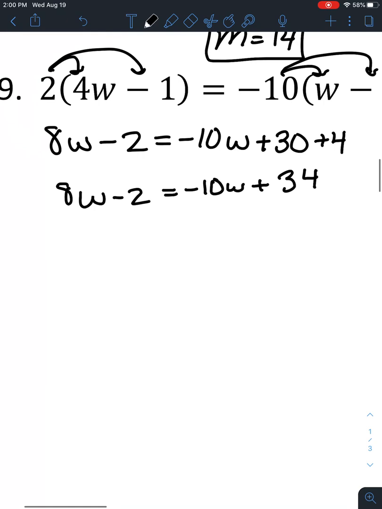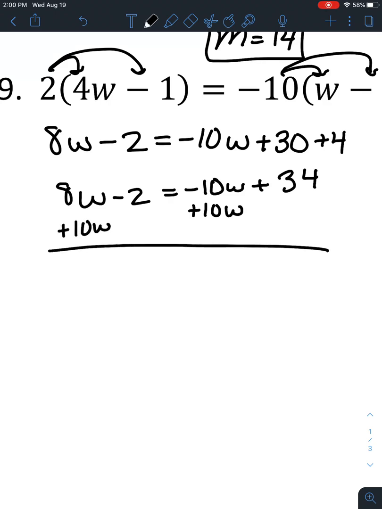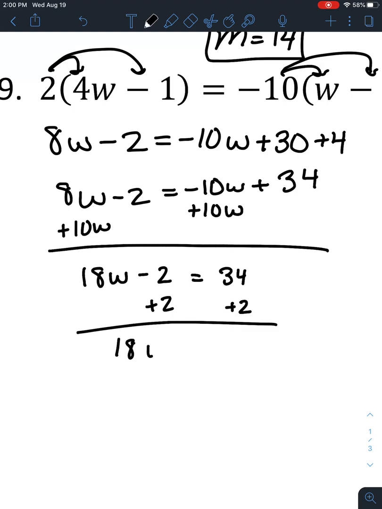All right, moving the smaller of the variables, so I'm going to add 10w to both sides. 8 plus 10 is 18w, minus 2 equals 34. Add 2 to both sides. That gives me 18w equals 36. Divide 36 by 18. That will give you 2. So w equals 2.